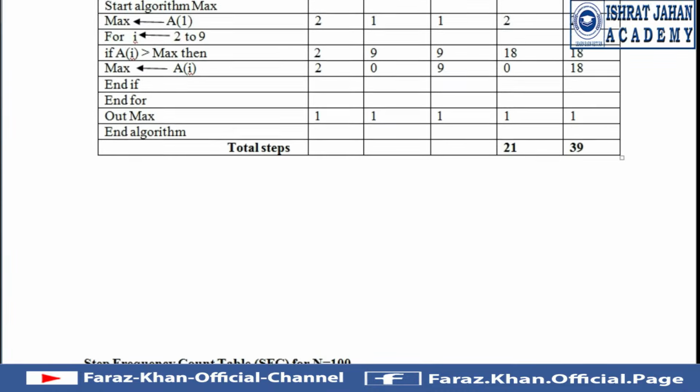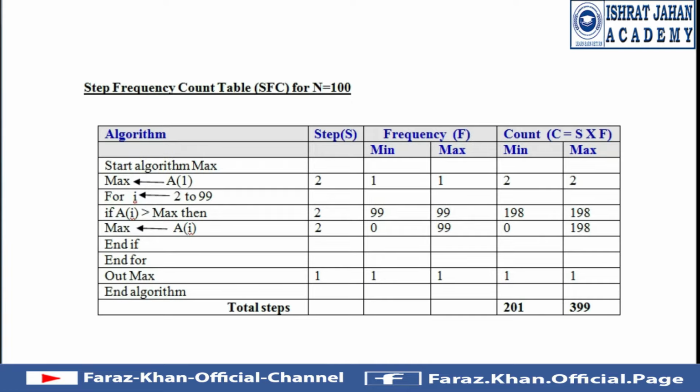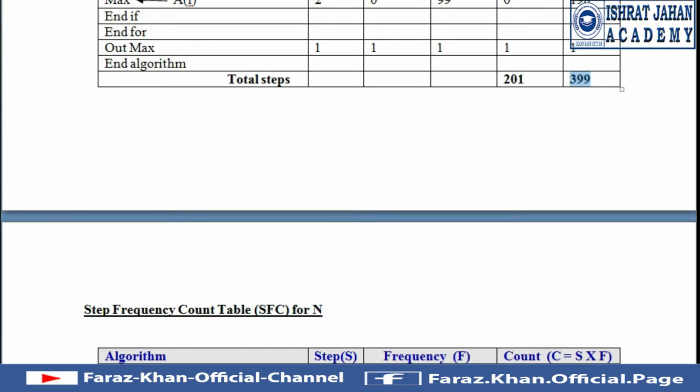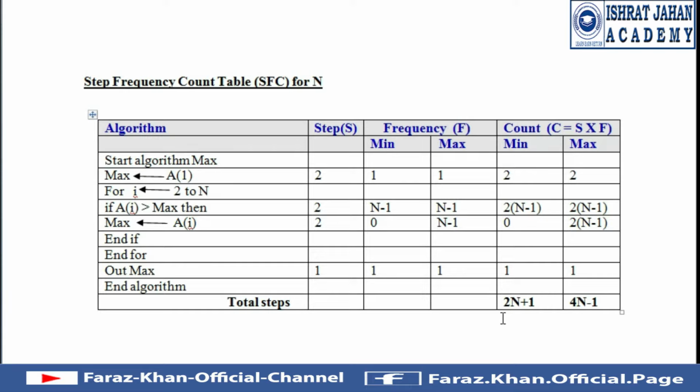Now for n equal to 100, it will take 201 steps in minimum and 399 steps in maximum. For n, it will take 2n plus 1 steps in minimum and 4n minus 1 steps in maximum.